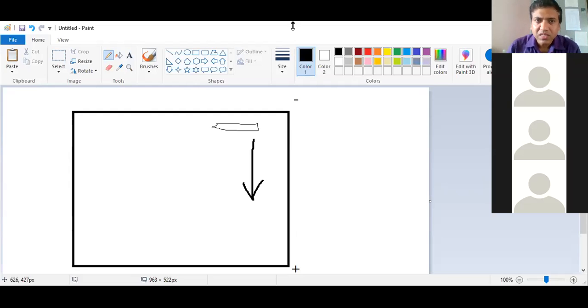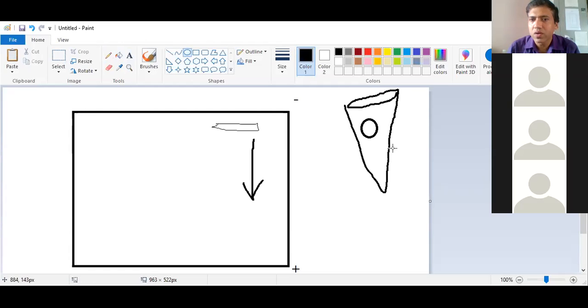Now say for example, you have a sample, this is your tube. Inside the sample you have three types of molecules, three types of anions.